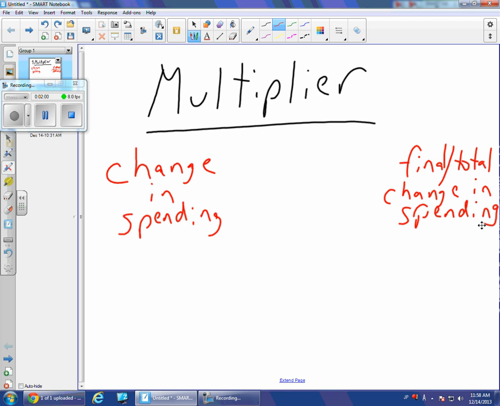If we take my original change in spending and multiply it by the multiplier, we can get the final or total value of the change in spending.